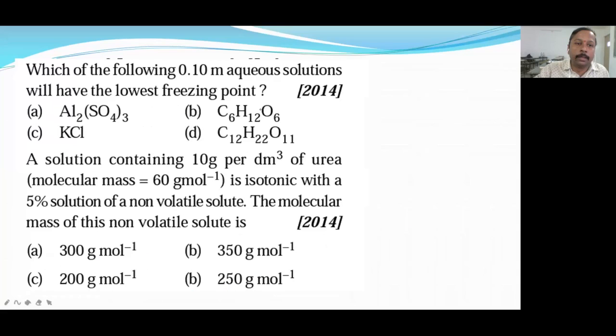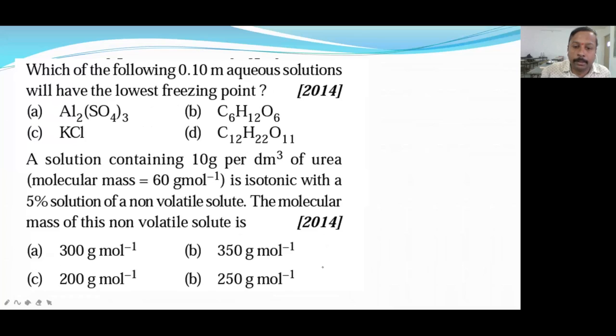Next question, read and start fast. Which of the following 0.1 molal aqueous solutions has the lowest freezing point? Similar question, so the time consumption will be very less for this. Molality is the same, and lowest freezing point means highest delta TF.